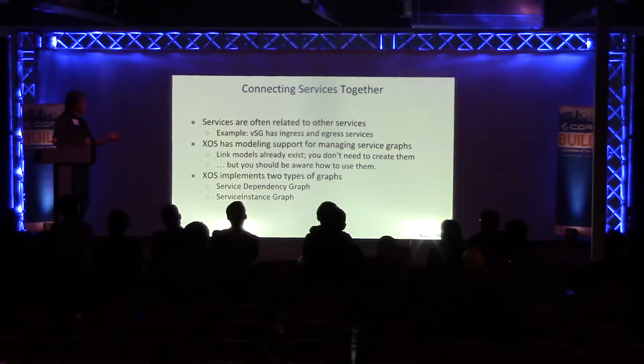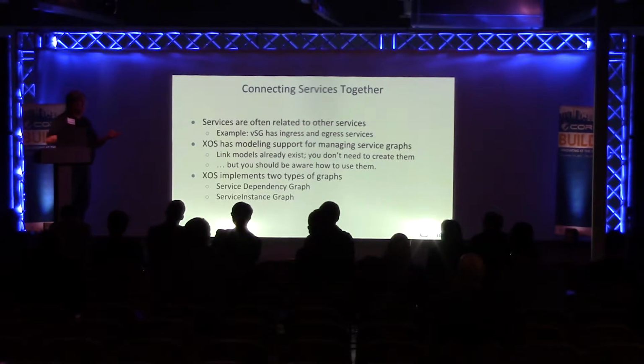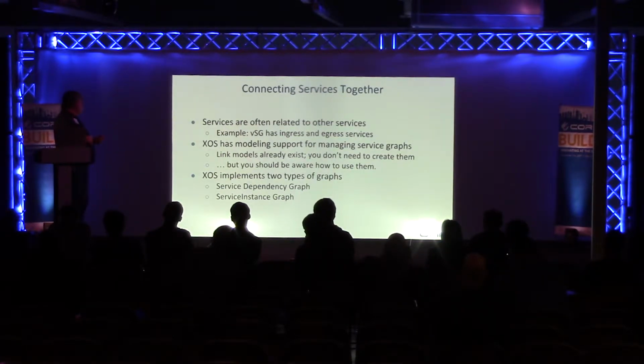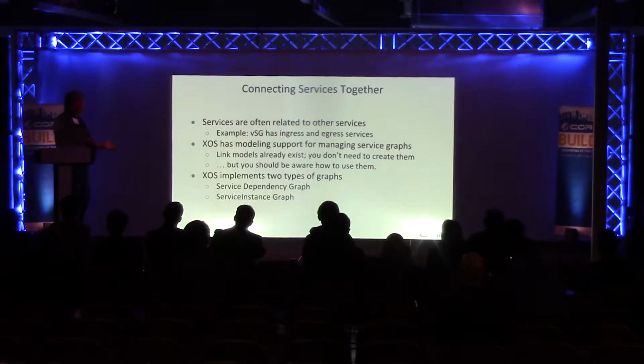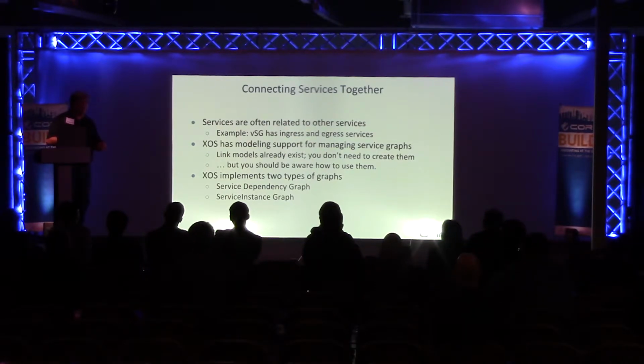The ingress service would typically be something like VOLT, the egress something like vRouter or Address Manager. So XOS does include modeling support for these service graphs. You don't have to implement these linkage models yourself. They're already part of the data model. So you don't need to create these, but you should be aware of how they're used by XOS to connect services together. I'm going to show several examples of these various graphs.